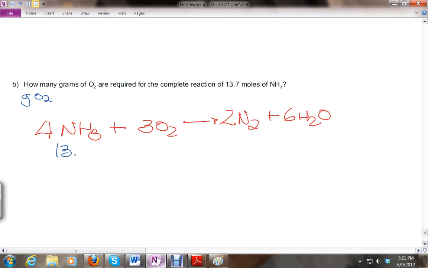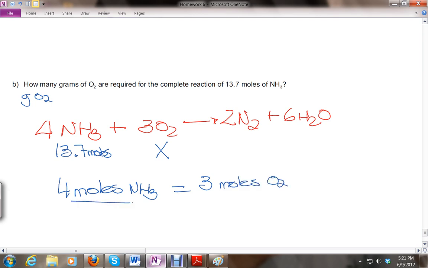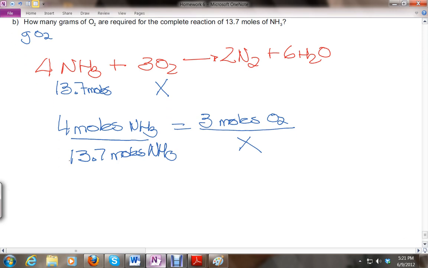With 13.7 moles of ammonia, how many oxygen are you going to get? You'll get it in moles. 4 moles of ammonia will produce 3 moles of oxygen. 13.7 moles of ammonia, how many moles of oxygen is it going to give me? You see, we're talking in the same language, the language of moles, stoichiometry, and the language of a chemical equation.